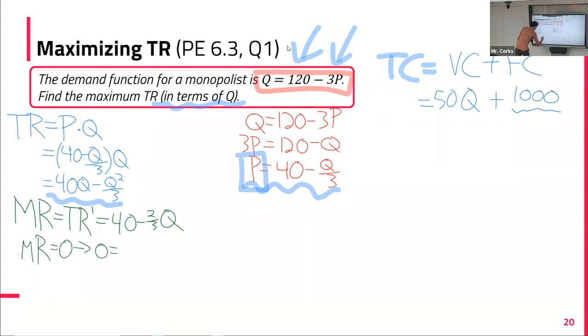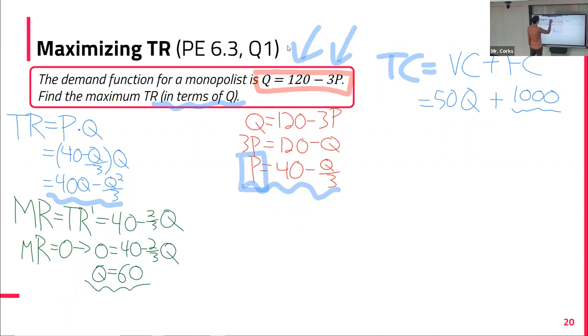So 0 is equal to 40 minus 2 over 3 Q, and so our Q is 60 here. All right. So that's where our maximum revenue is happening.